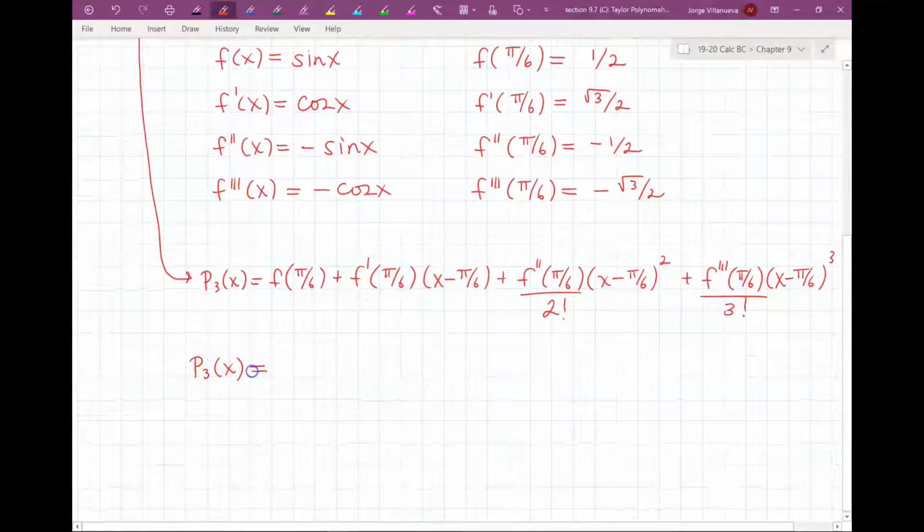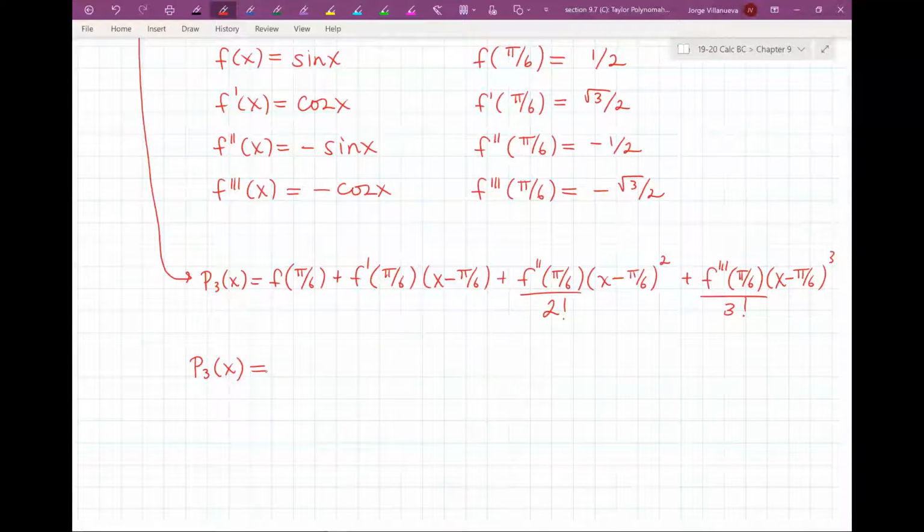So I'll give you a second real quick in case you're copying the top part down. So what's my f of pi over 6? A half. Plus f prime of pi over 6, that's radical 3 over 2 times x minus pi over 6.